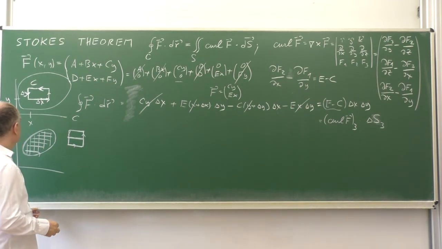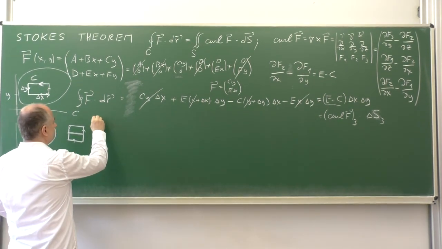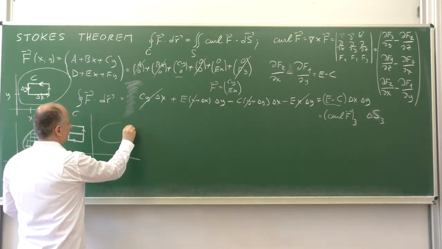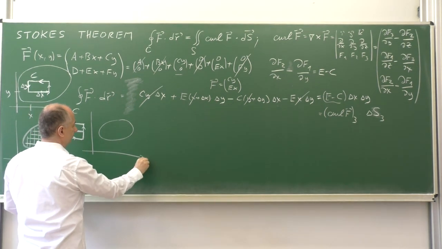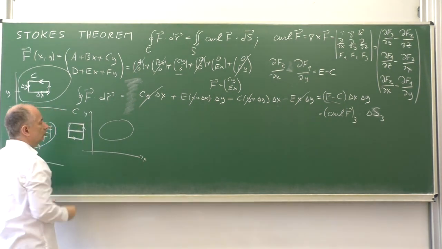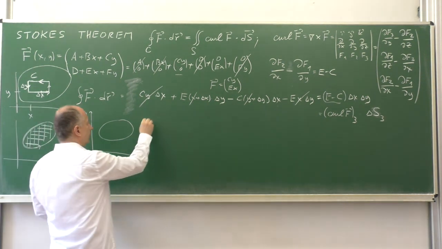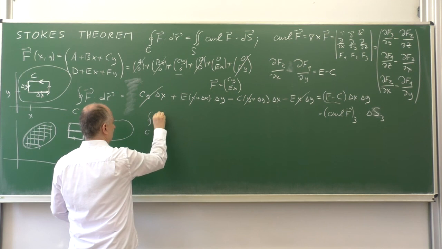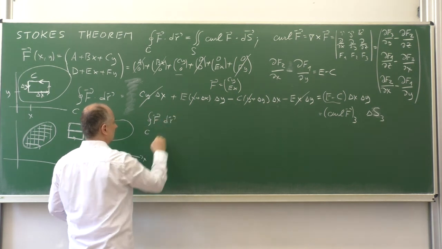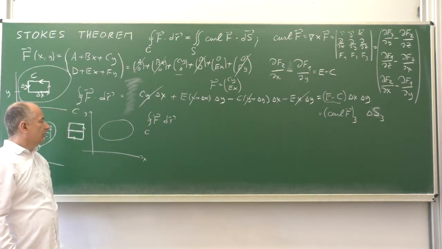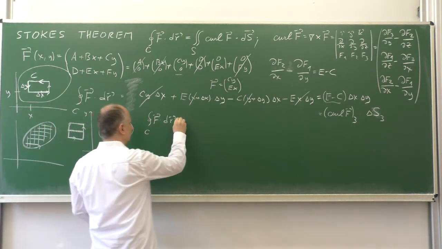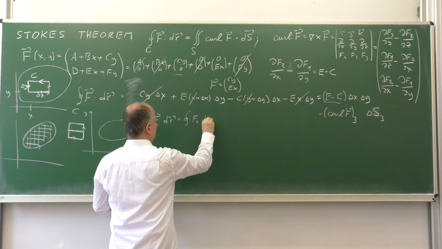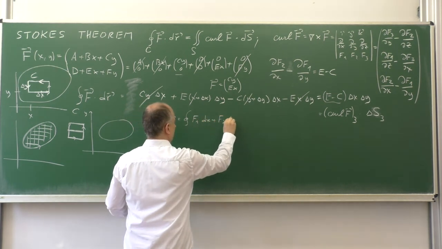Another explanation might be this way. If we have a closed curve like that, then we can compute the line integral F dr along this closed curve. And this can be written as f1 dx plus f2 dy.